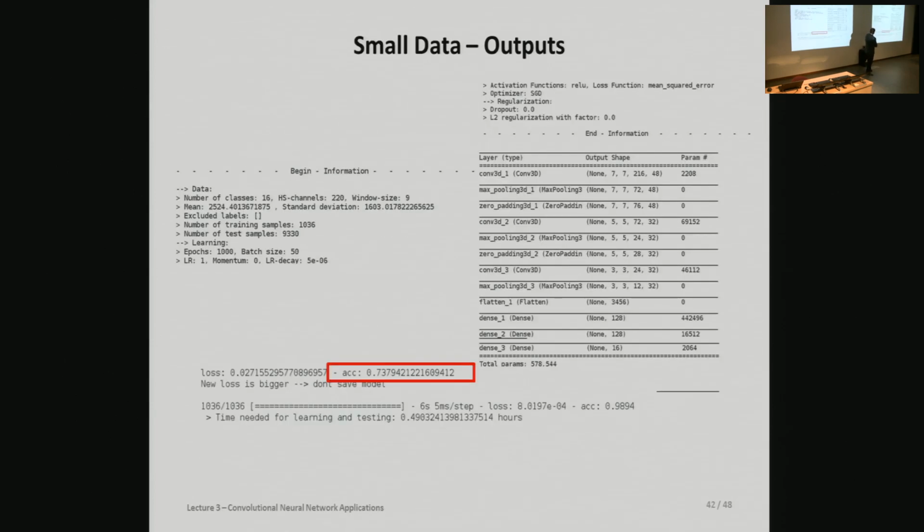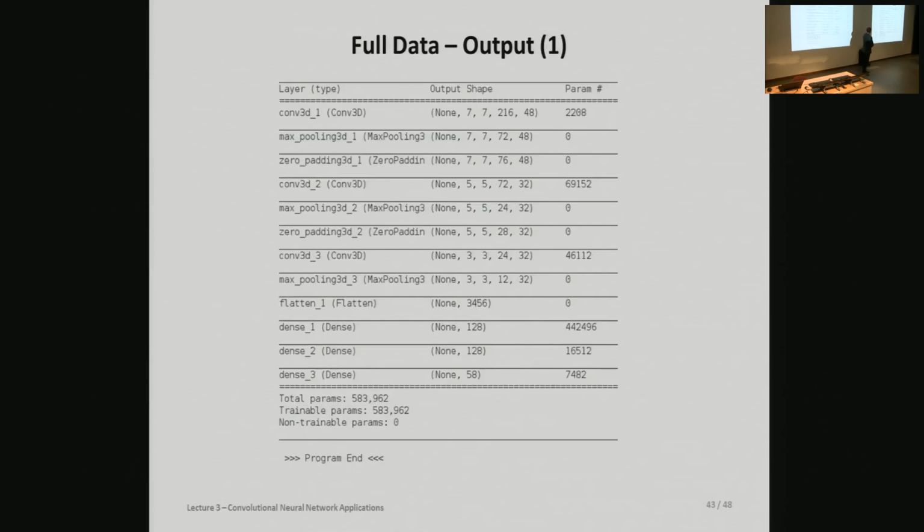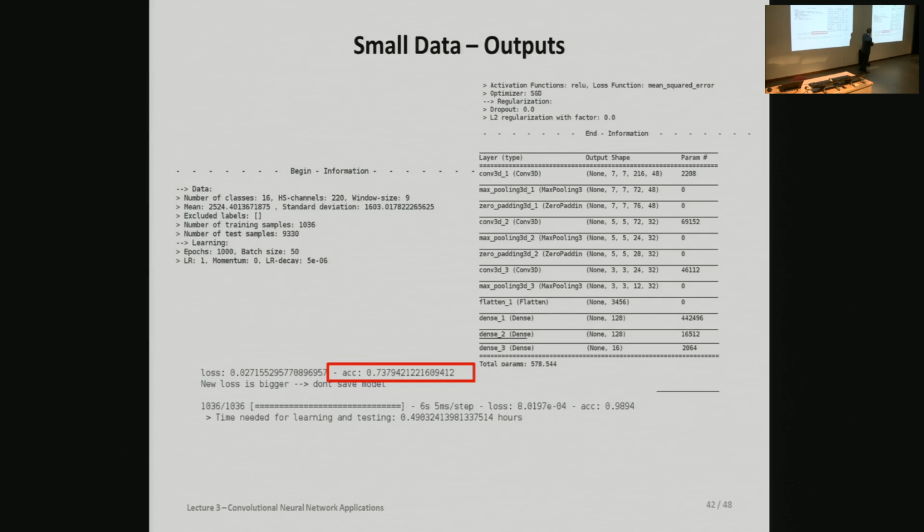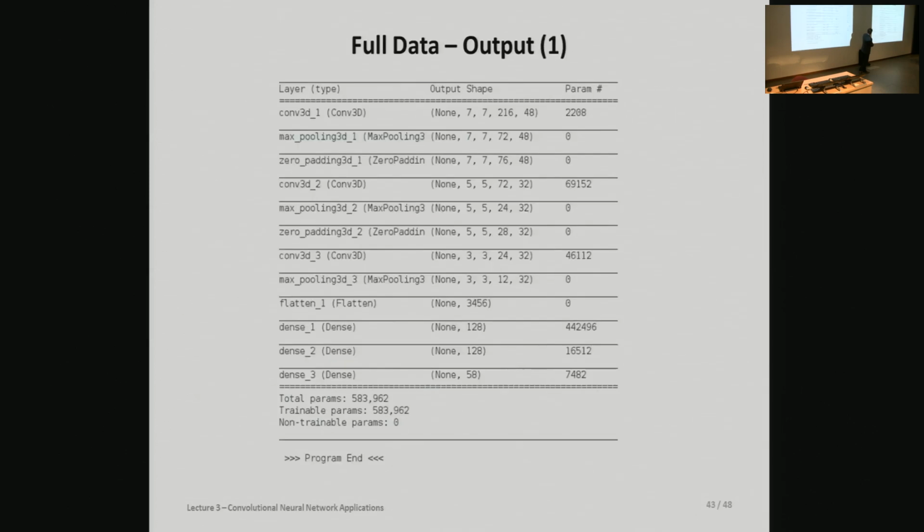You see here the small data output, which means 16 classes, 2000 parameters at the end. And we have the full data, 58 classes, 7,400. The rest of the network basically stays the same. But why is there a different number here?